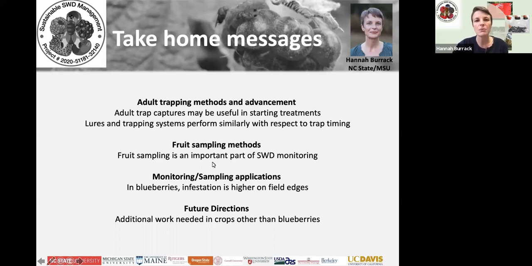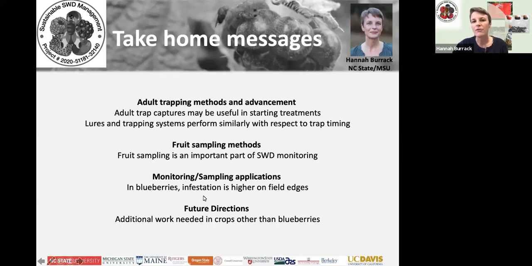As Rufus indicated when he discussed fruit sampling methods, fruit sampling is an important part of spotted wing Drosophila monitoring and provides a valuable additional piece of information to adult trap captures and should be part of growers' practices.